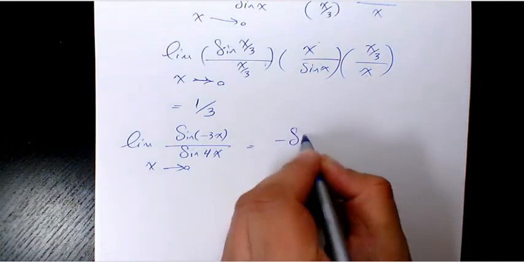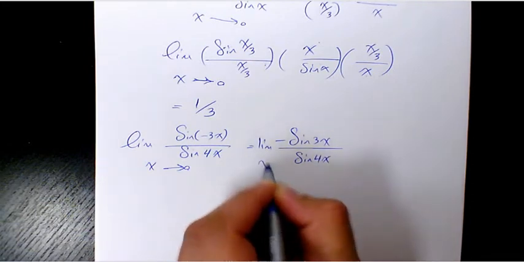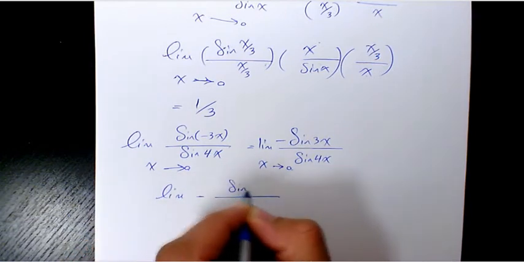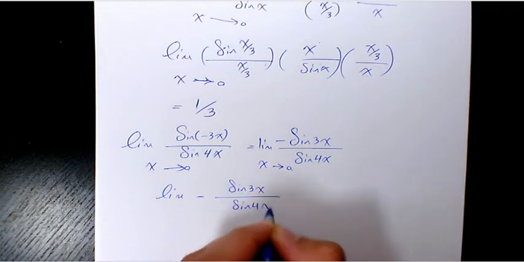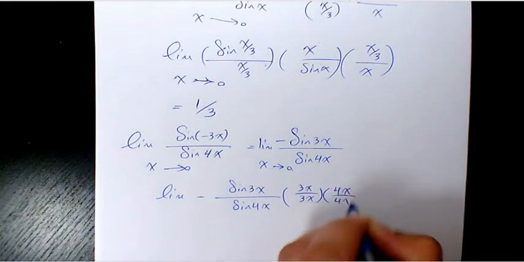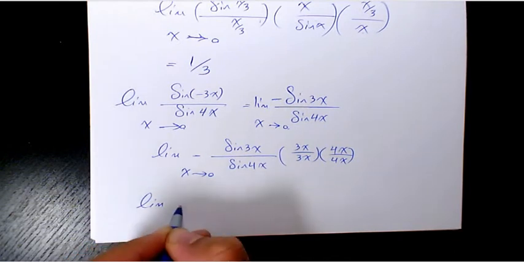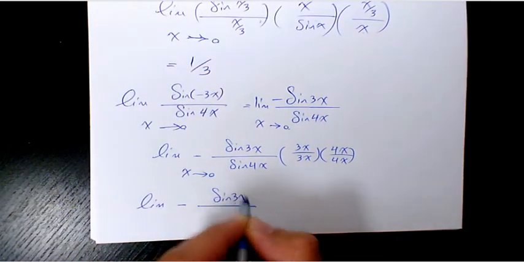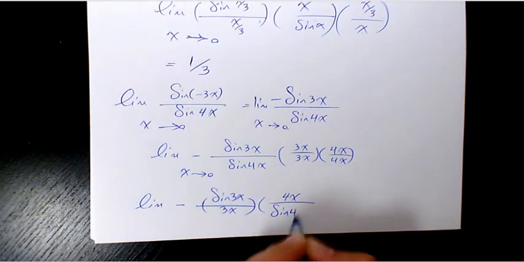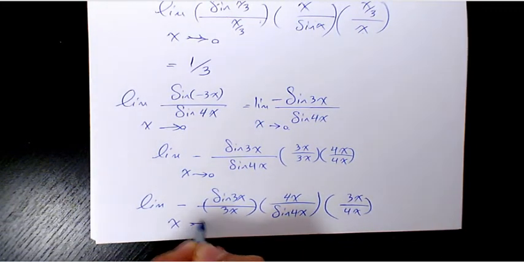You can change it to negative sine 3x over sine 4x, limit x approaching 0, and then what you can do, you can multiply by 3x over 3x and 4x over 4x, which turns out to be sine 3x over 3x, 4x over sine 4x, and 3x over 4x when x is approaching 0.